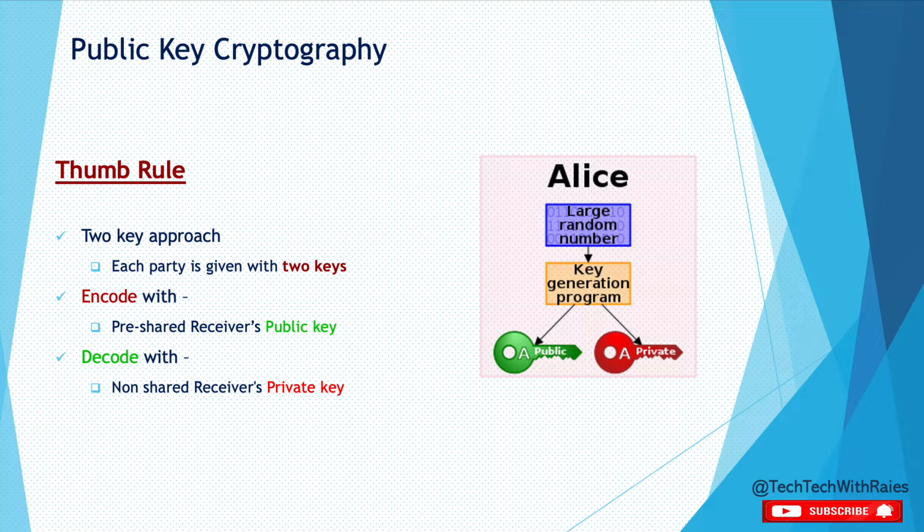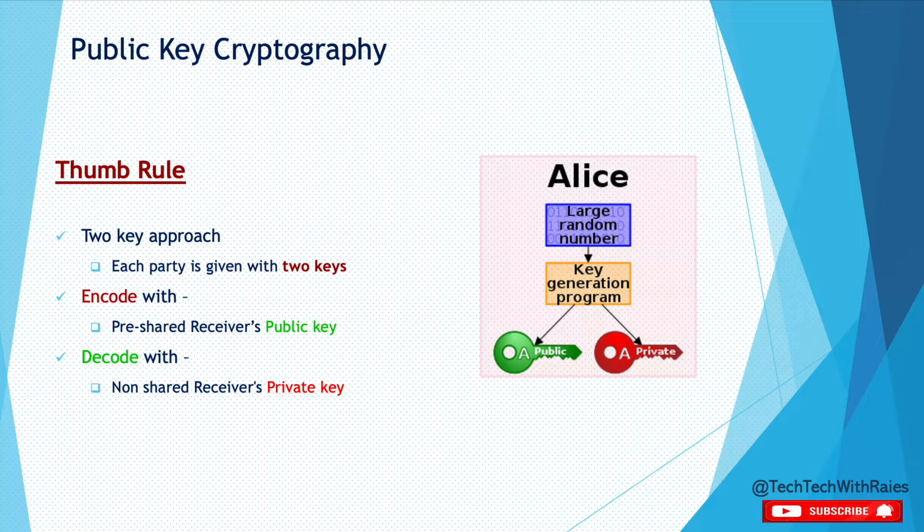This is a thumb rule: with some kind of key generation software, every party is given two keys. One key is called the public key, another is called the private key. The private key will reside with that particular party or person, and the public key will be shared among all the other parties. So this is the thumb rule.